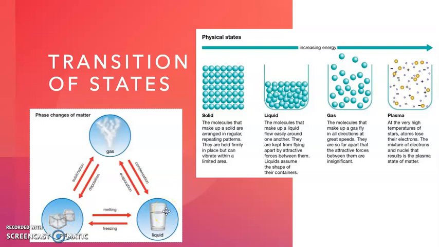And if it is cooled, that means the energy is withdrawn, then the liquid is said to have undergone freezing to give you the solid. When this liquid is heated and converted into a gaseous or vapor form, it is referred to as evaporation. When the vapors are cooled down to give you liquid, it is referred to as condensation.